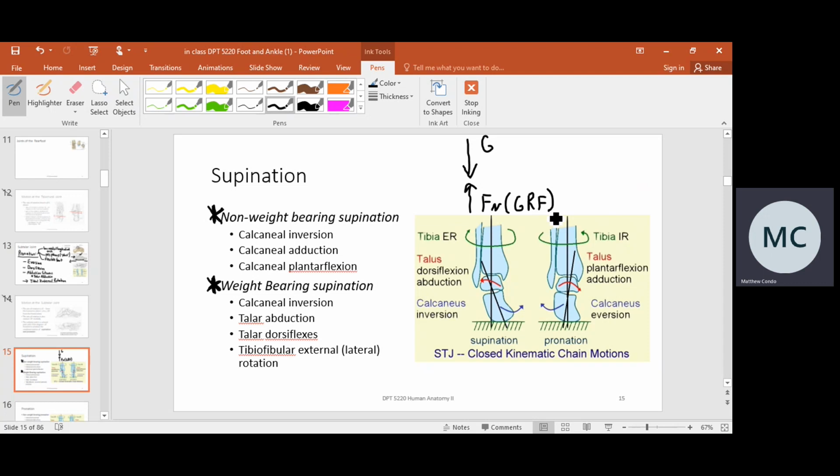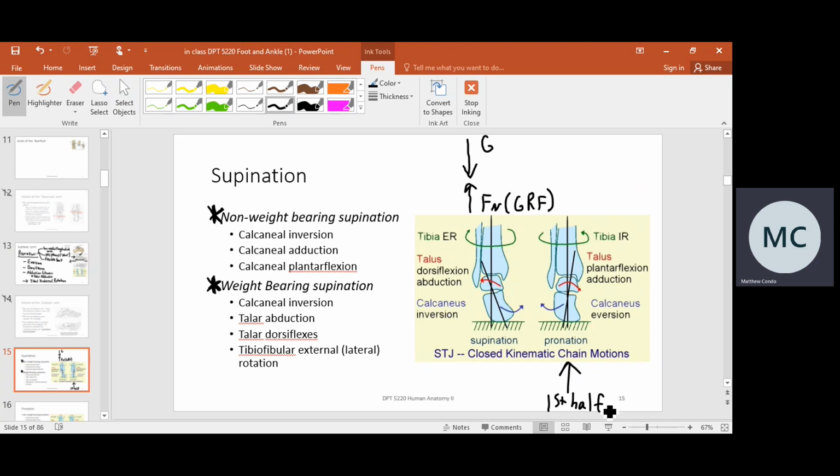So what we see with pronation in a closed chain, or during weight bearing, is that during the first half of the gait cycle, my calcaneus is going to evert. It kicks out to the side. Like we talked about, in the weight-bearing system my talus does the opposite of whatever my calcaneus does.